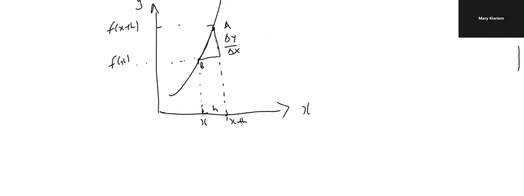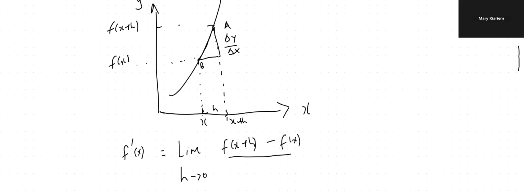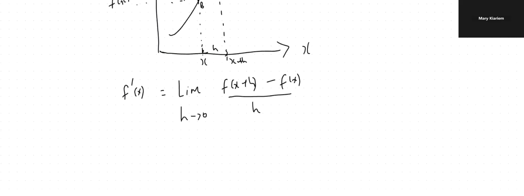So that the change, which we are calling the first derivative f prime of x, is the limit as h approaches 0 of f of x plus h minus f of x, that is change in y, divided by change in x, and our change in x here is simply h. So this formula is what we are referring to as the first principle or the fundamental principle for derivatives.